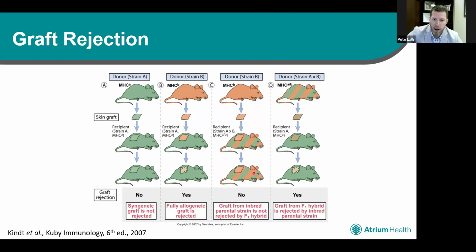But if we flip it around and use the mix of A, B as the graft donor onto an A-only mouse, this mouse's immune system is going to recognize that B protein as being foreign and kill off that graft. So this is just an experimental way of saying that anytime our immune system sees something that it doesn't recognize, it's going to try and attack it.